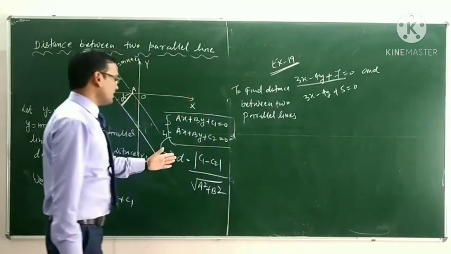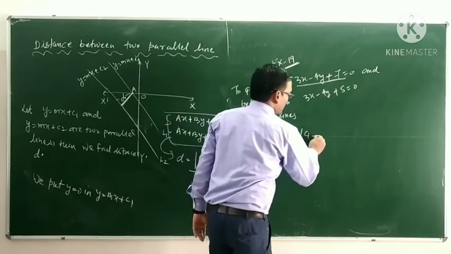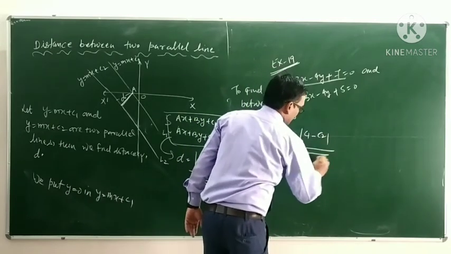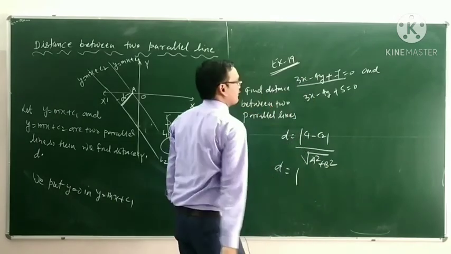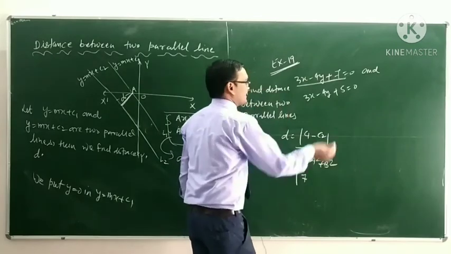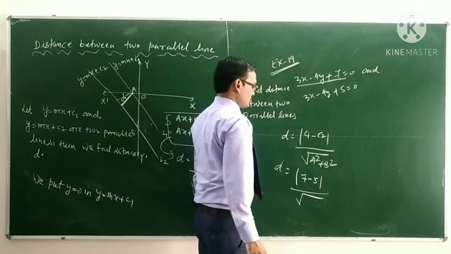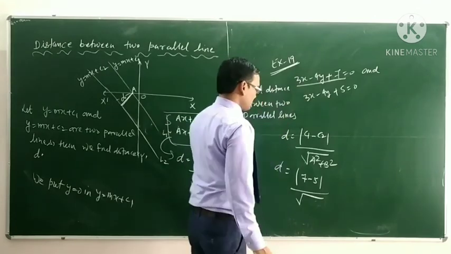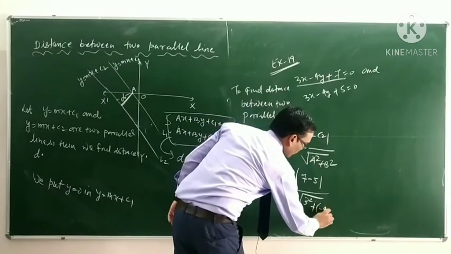Using this formula, d equal to mod of c1 minus c2 upon square root a square plus b square, d equal to mod of, here c1 is 7 and c2 is 5, upon square root of 3 square plus minus 4 square.